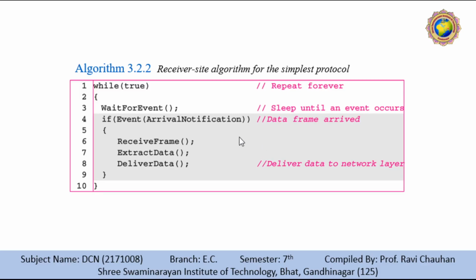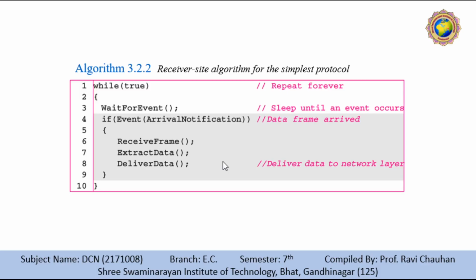After the event occurs, the data link layer receives the frame from the physical layer using the receive frame instruction, extracts the data from the frame using the extract data process, and delivers the data to the network layer using the deliver data process. Here we also have an event driven algorithm because the algorithm never knows when the data frame will arrive.